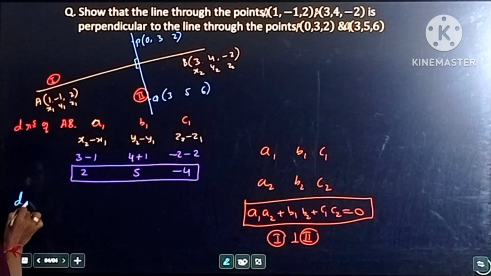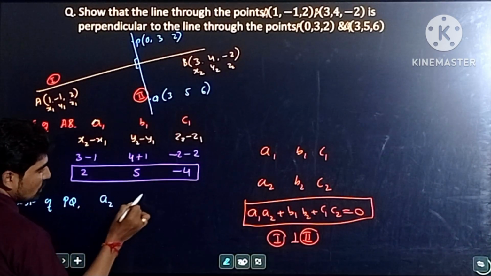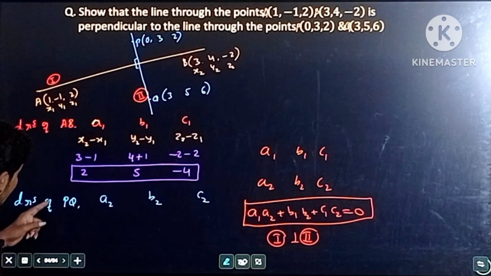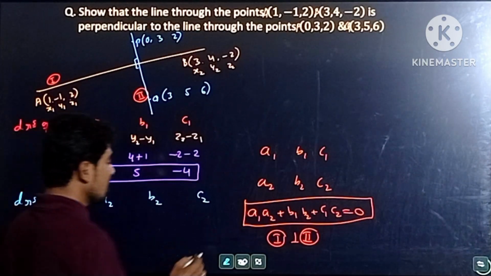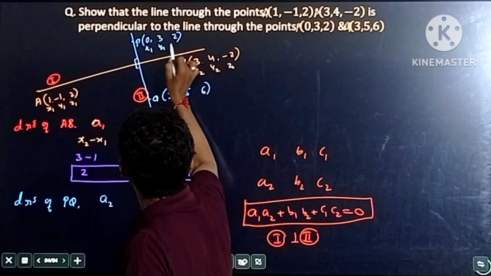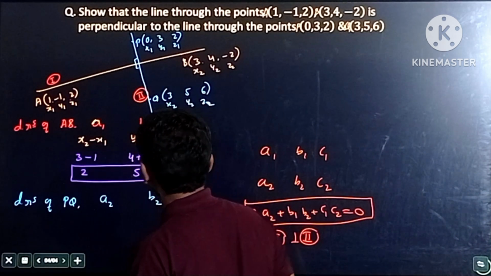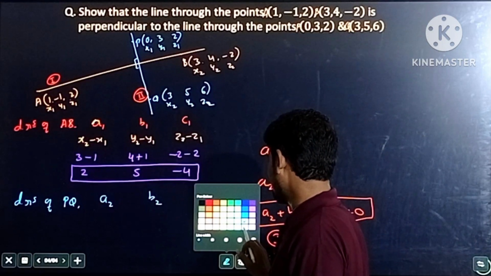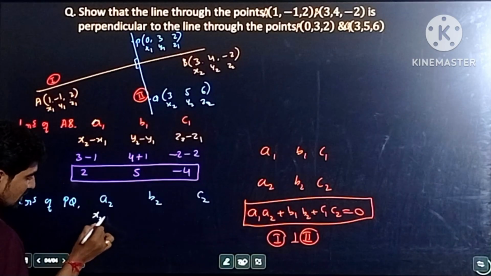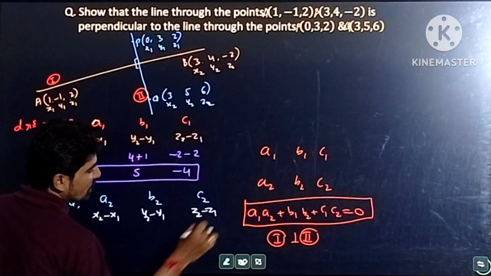Next, the direction ratios of the second line PQ. Let A2, B2 and C2 be the direction ratios of PQ, where P is the first point and Q is the second point. Therefore A2 is x2 minus x1, B2 is y2 minus y1, and C2 is z2 minus z1.